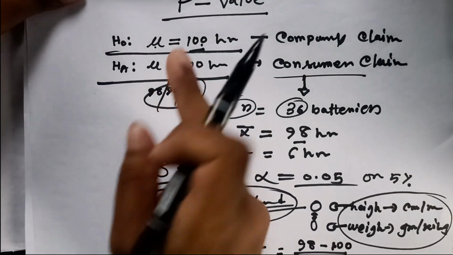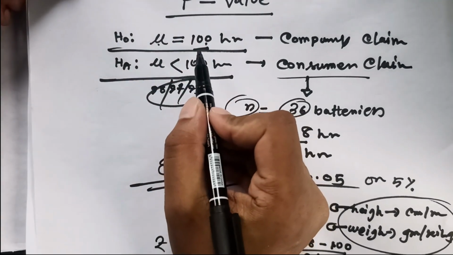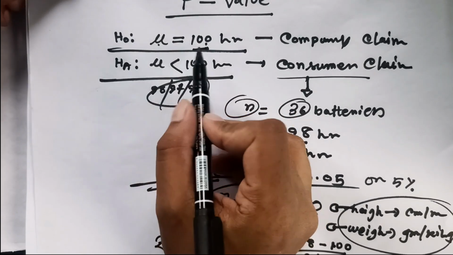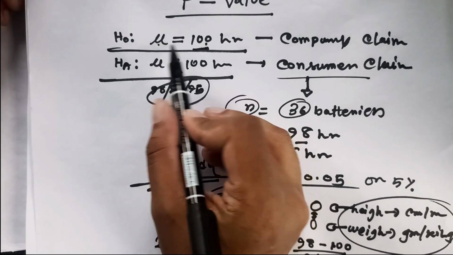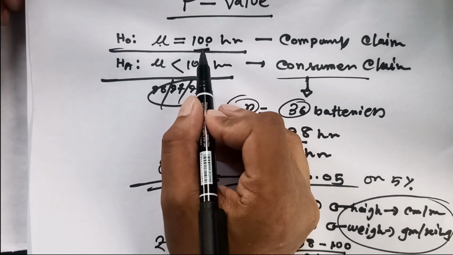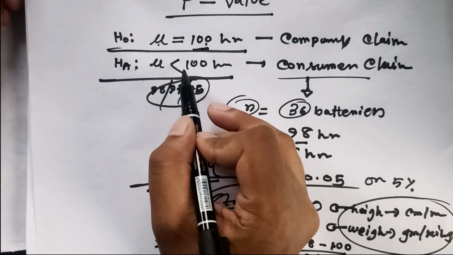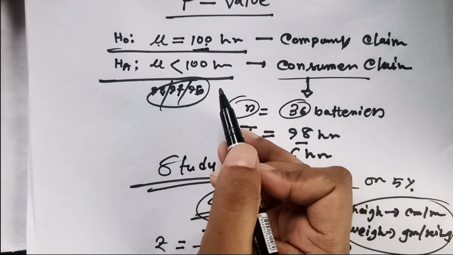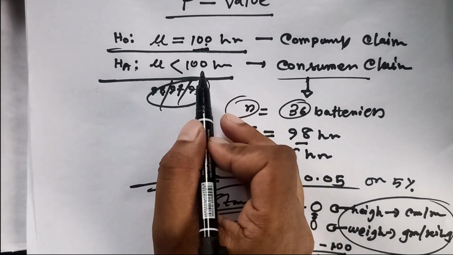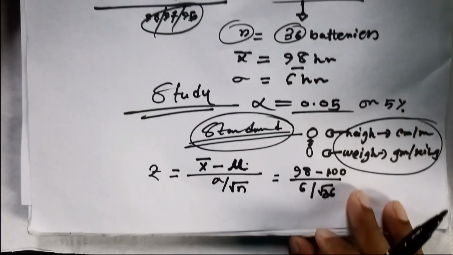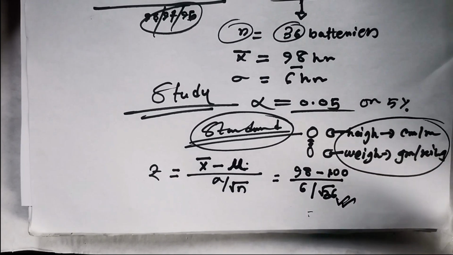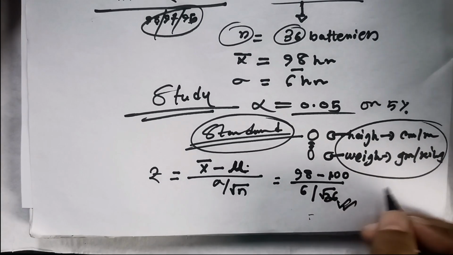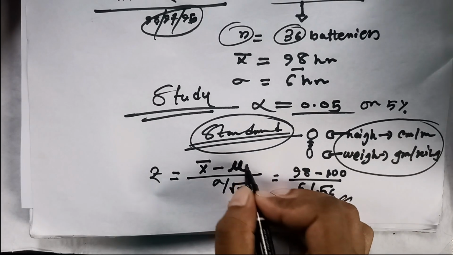So you might have missed that part. If you look at this part, there are two conditions, and in one part we define mu is 100. In the other, mu is not 100. It could be 98, 97, or 95, anything less than 100. But in this part, we didn't use anything less than 100. We just use 100 as mu.